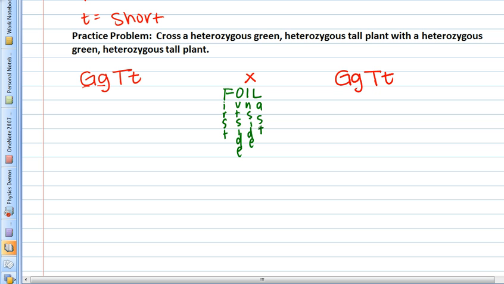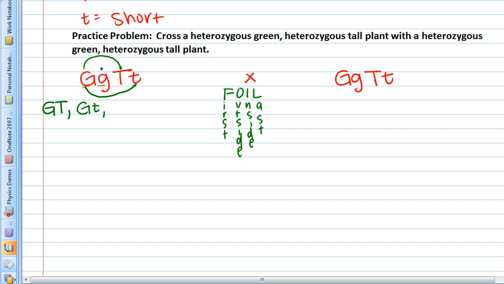So in order to determine the gametes, we're first going to take the first two genes. So we would see one gamete's going to be big G, big T. This parent plant could pass down a big G and a big T. Then we're going to take a look at the outsides. Big G, little t.